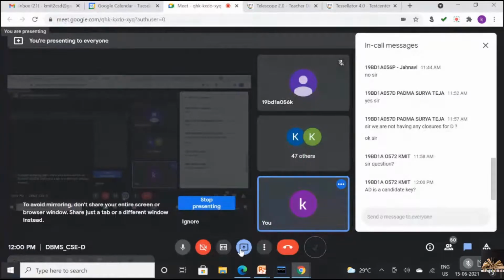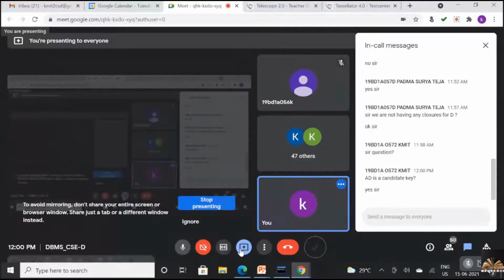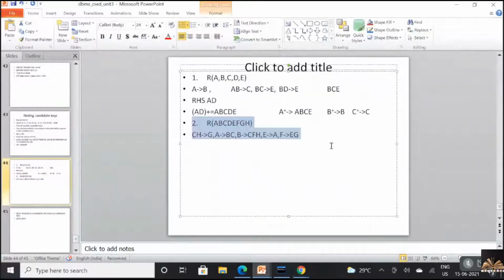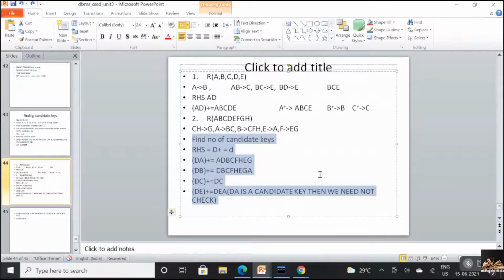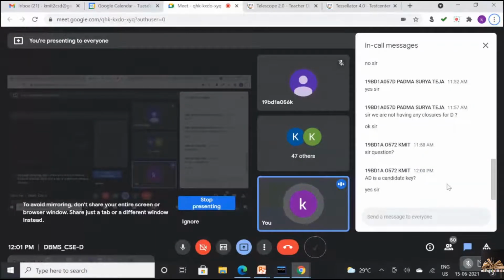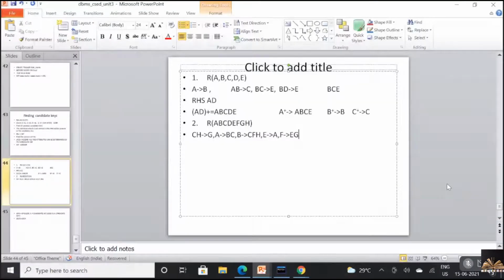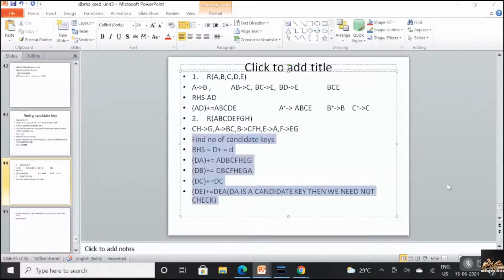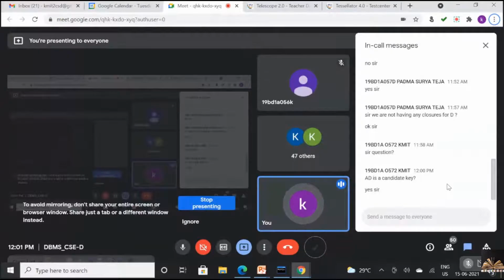Yes. Firstly, AD, okay. Yes, AD is a candidate key. After that, what are the other different candidate keys?